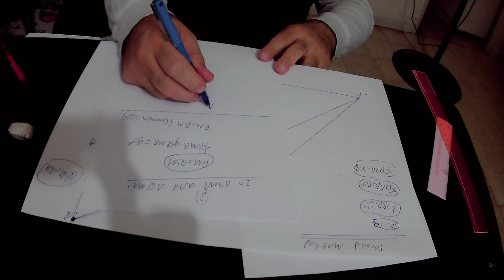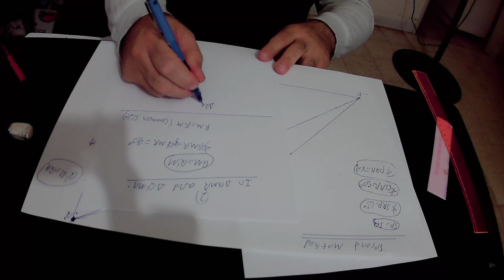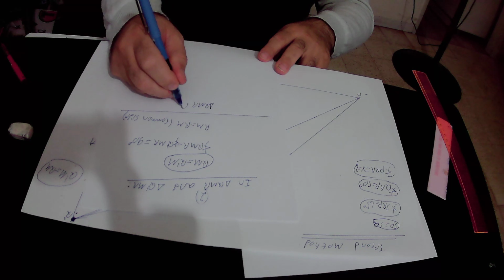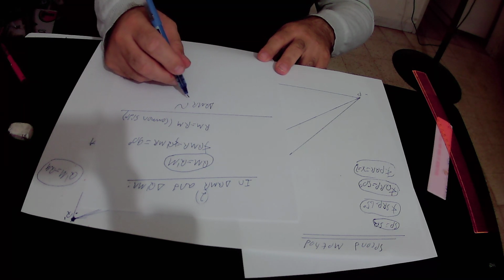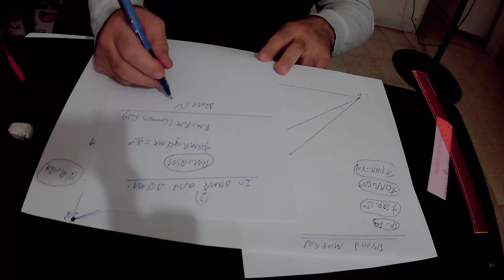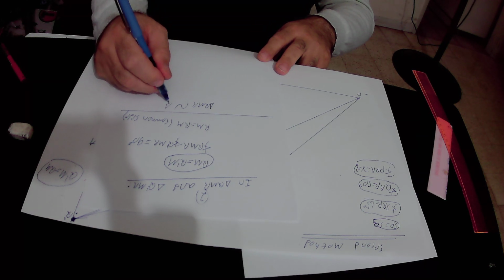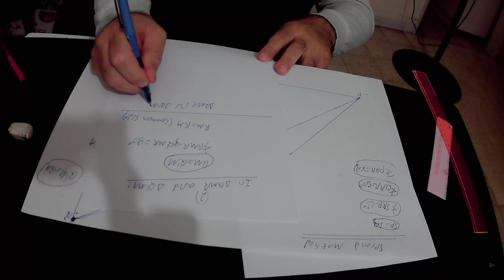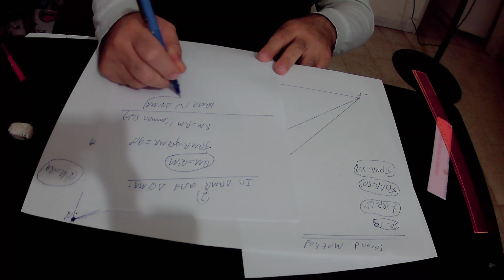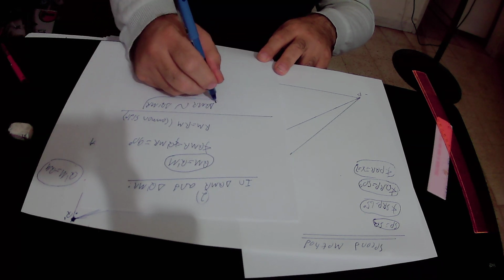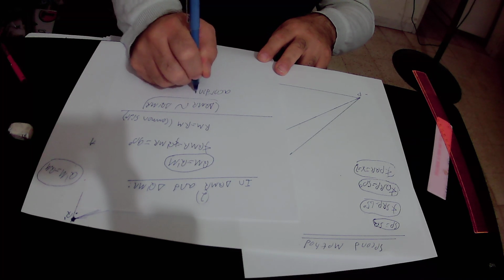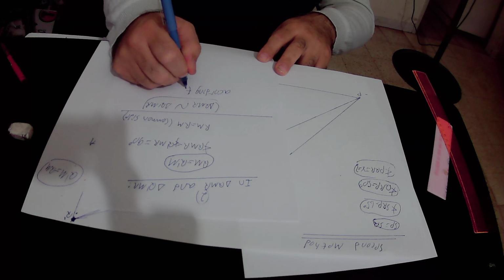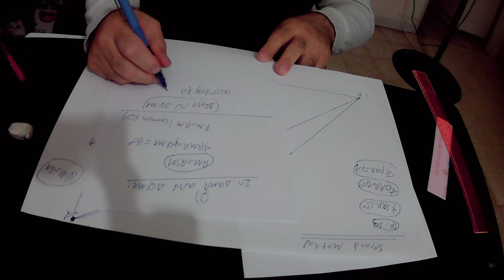Triangle QMR is congruent, again this is the sign of congruent, to the right triangle Q'MR according to the side angle side rule.